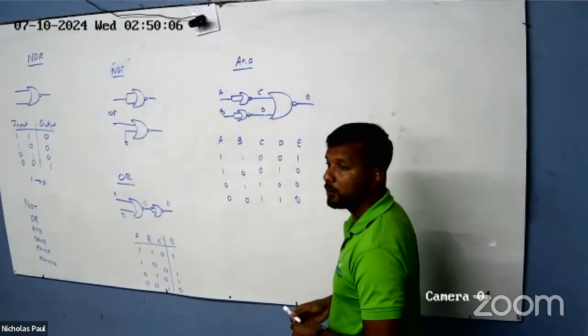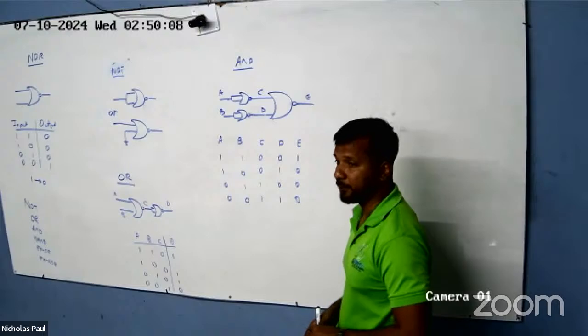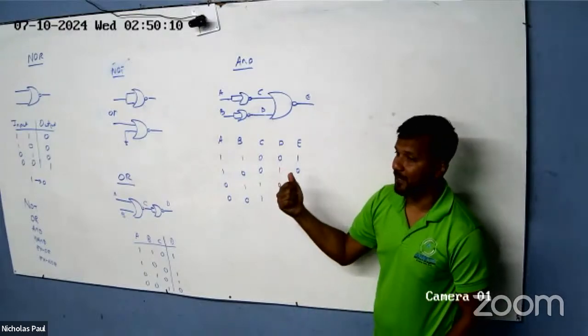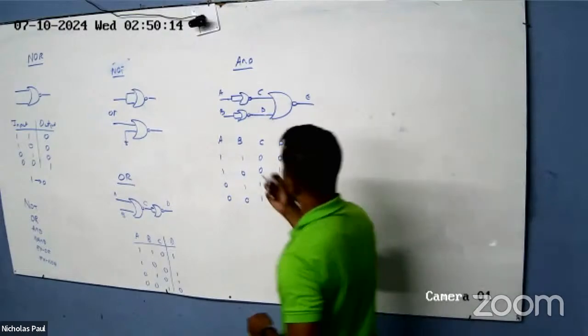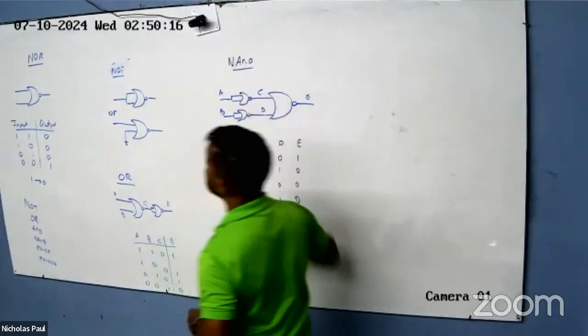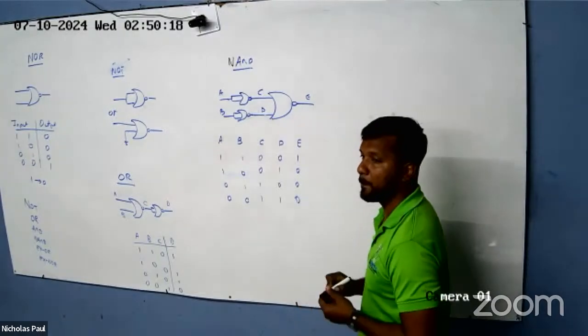Right? Quick question. I want to convert this AND into a NAND. I want a NAND gate now. What to do?